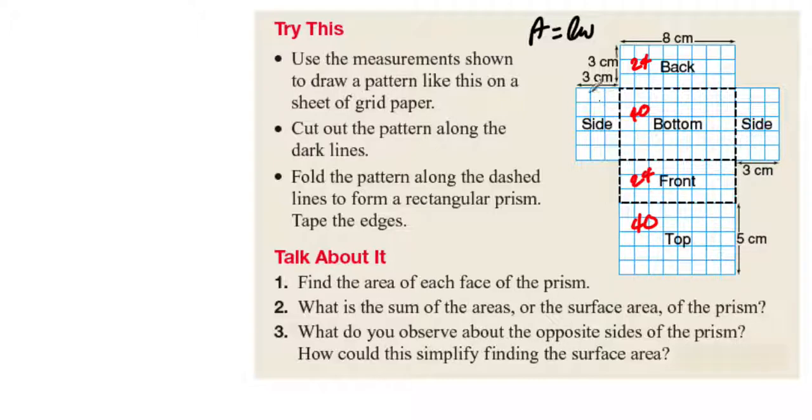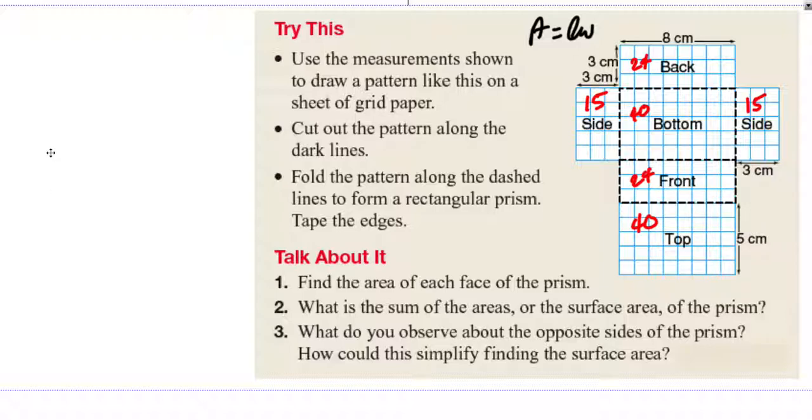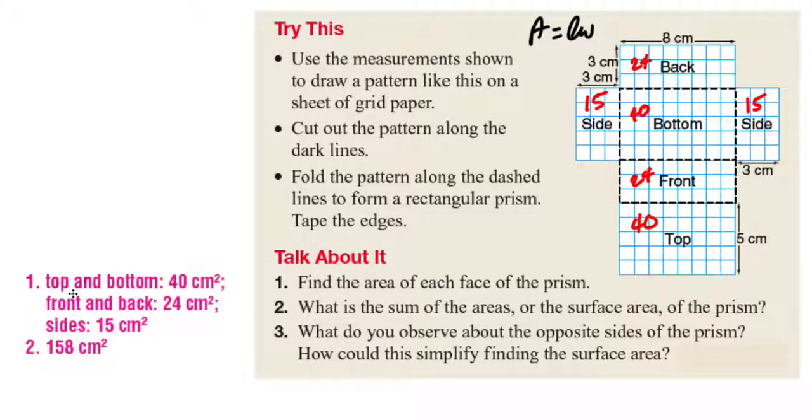The side area would be 3 times 5, or 15 square centimeters, and the other side is also 15 square centimeters. All we need to do is add them all up. The top and the bottom are 40 square centimeters each, front and back 24 square centimeters each, sides 15 square centimeters each. Add them all up and for number 2, it would be 158 square centimeters.